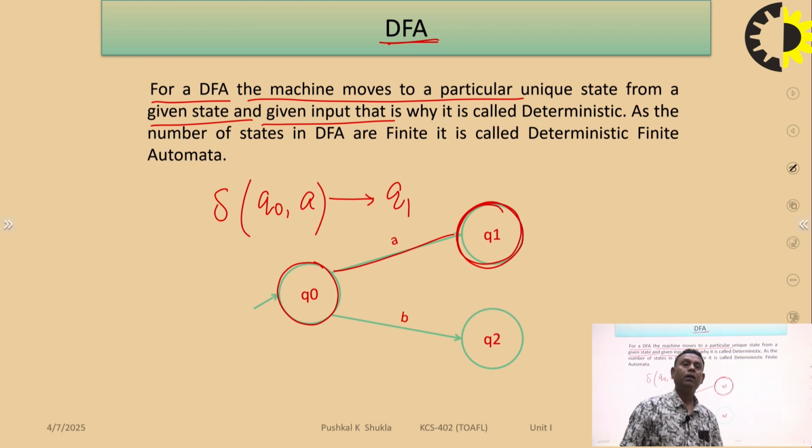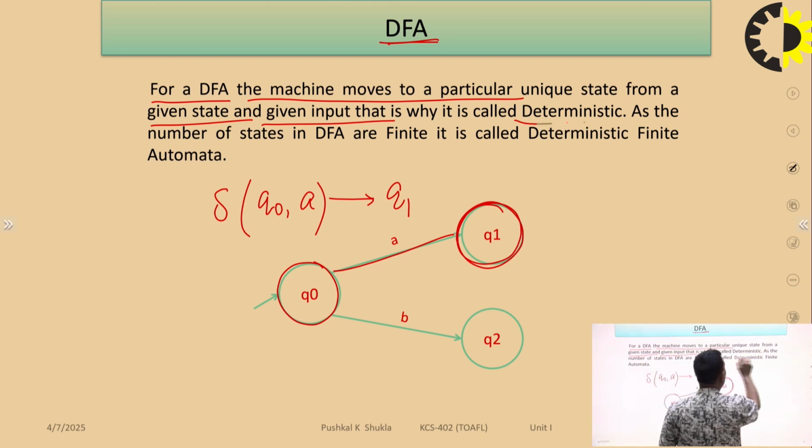Another example, which is non-deterministic, is human hands. They cannot be fixed; it depends on the moods and thoughts of the human. So it is not deterministic, it is non-deterministic. If for a particular state and a particular input the machine moves to one particular state, we can say that this machine is a deterministic finite automata.